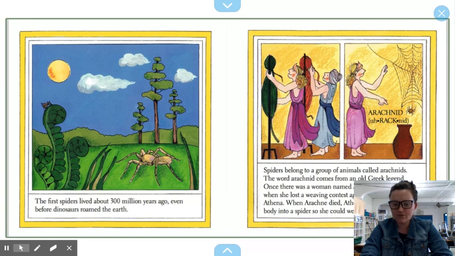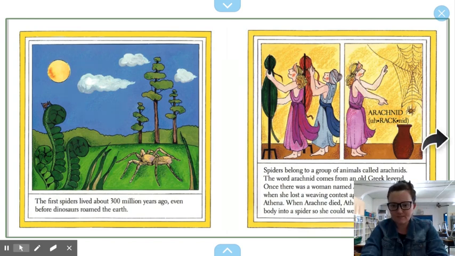Once there was a woman named Arachne who was angry when she lost a weaving contest against the goddess Athena. When Arachne died, Athena turned Arachne's body into a spider so she could weave forever. So weave is like sewing or knitting something together.